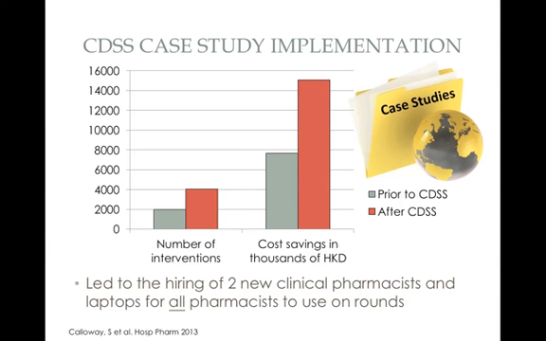The red bars are after the implementation. Due to this success, the hospital hired 2 new pharmacists and new laptops for all pharmacists to use on rounds in the hospital to handle the increasing amount of interventions and help usher in all the savings.